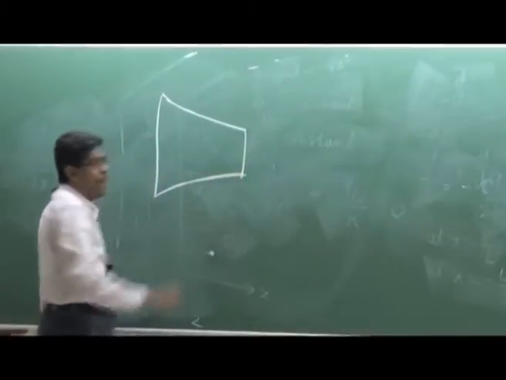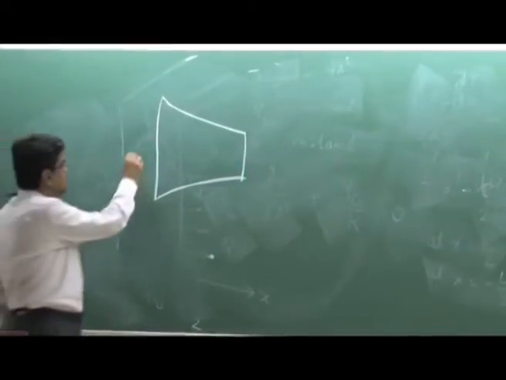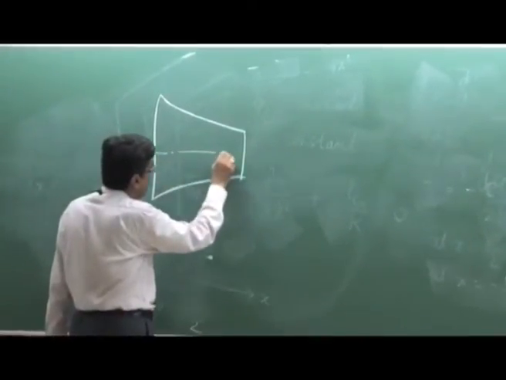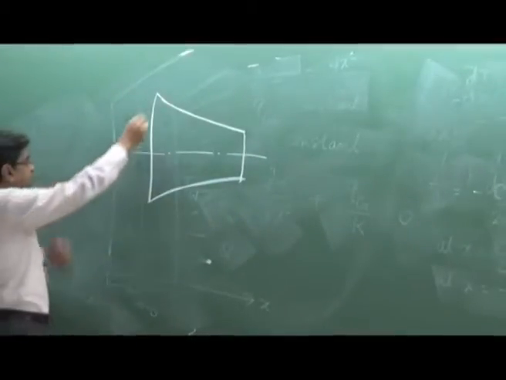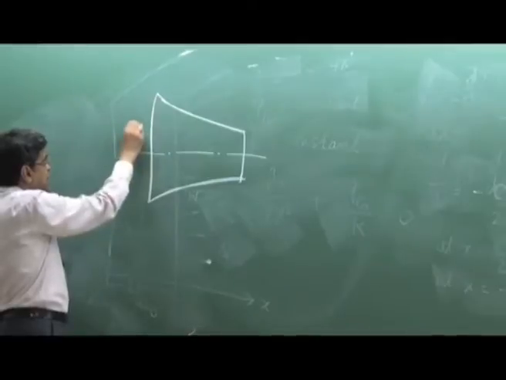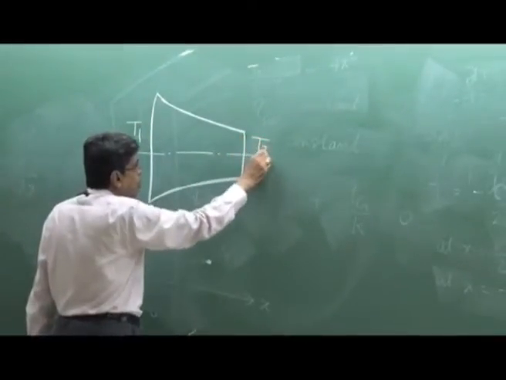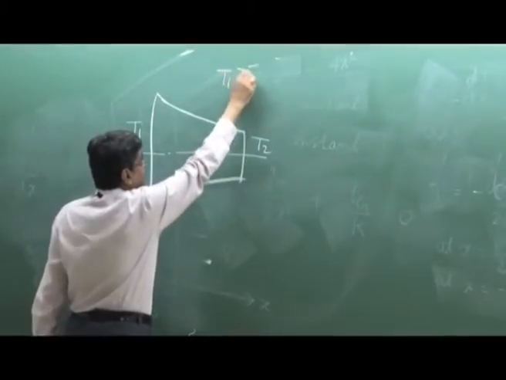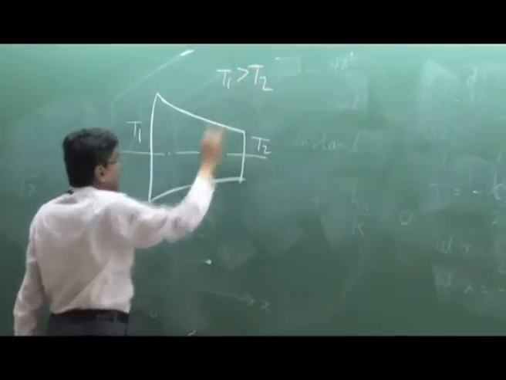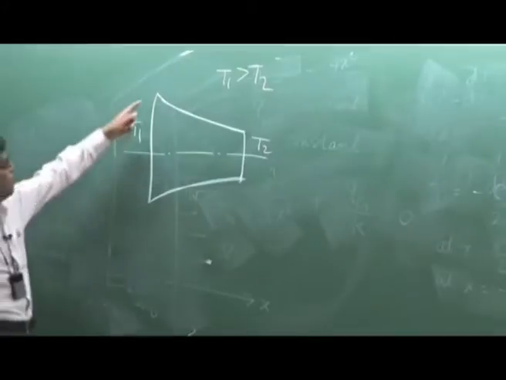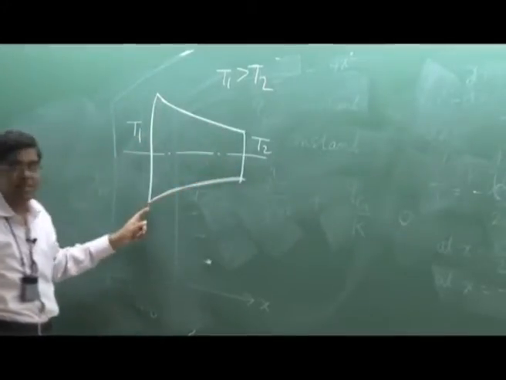Let us consider a tapered rod like this, where the boundary condition is such that this face is kept at some temperature T1, this face is T2, and T1 is greater than T2. Sometimes the problem is specified by insulating the lateral surfaces.